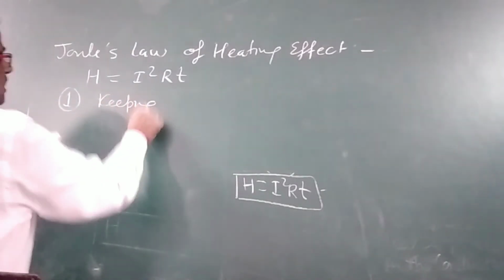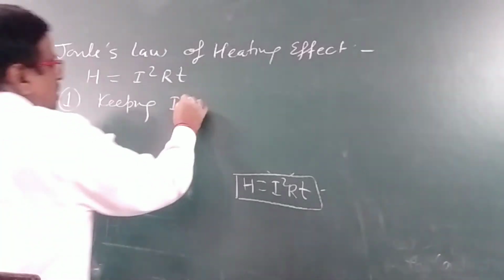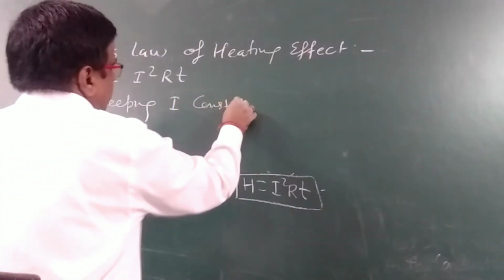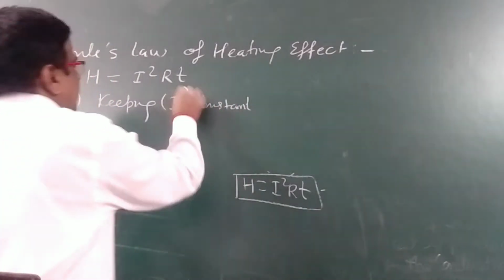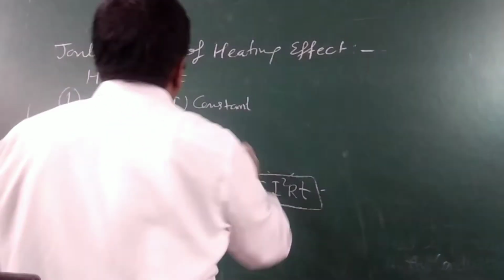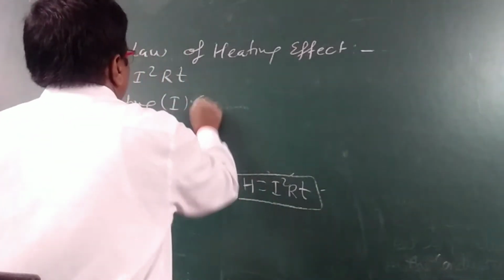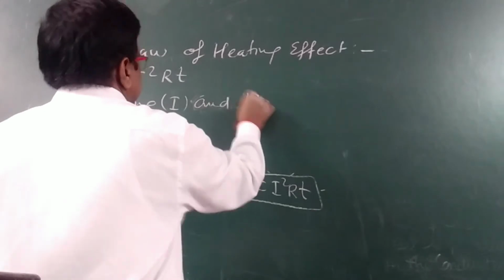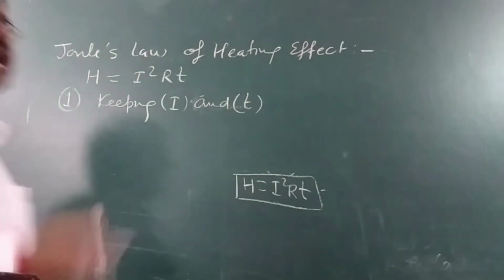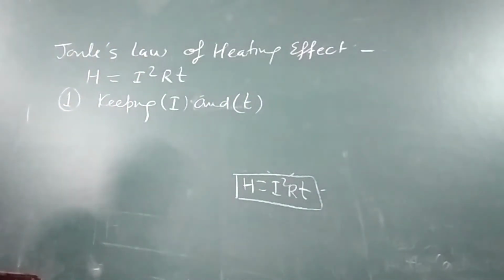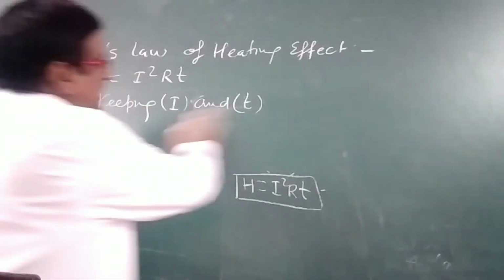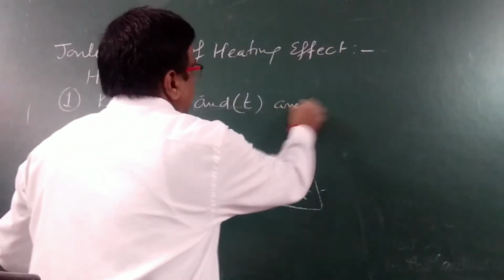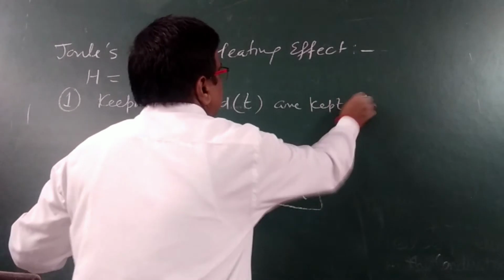First law: keeping I constant, which means the value of current is constant, and T, the time of flow of current, also constant.